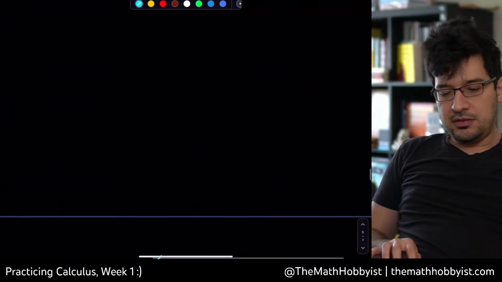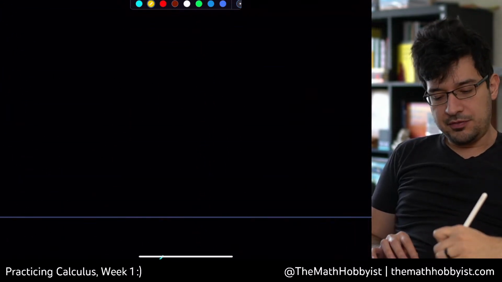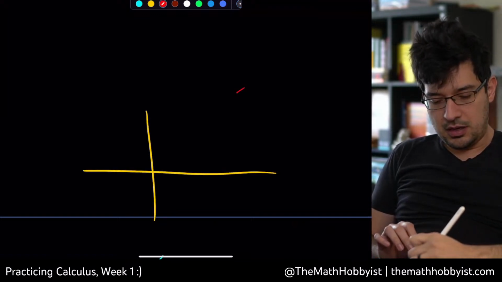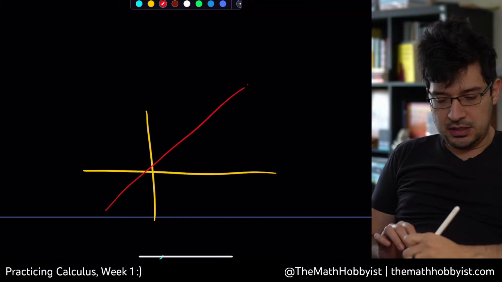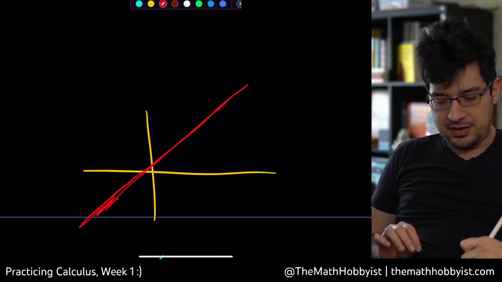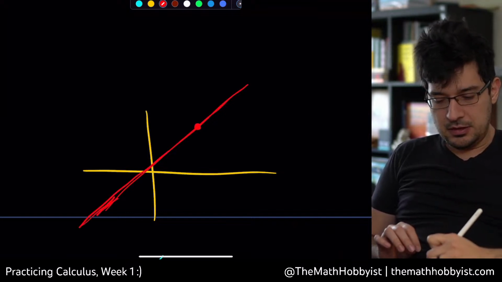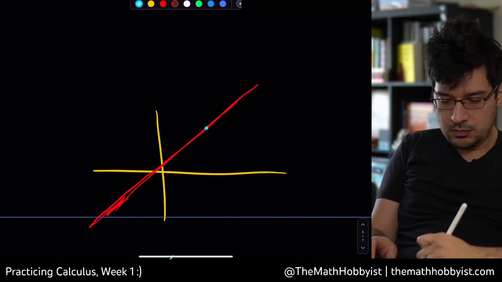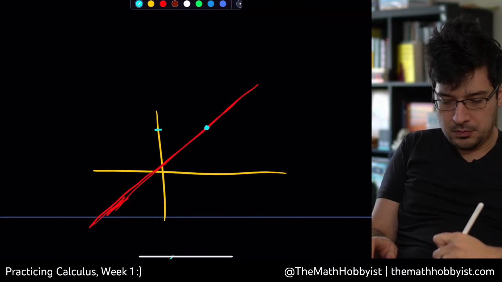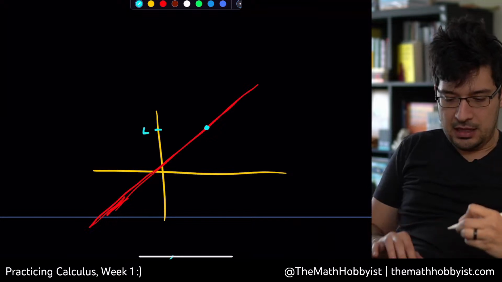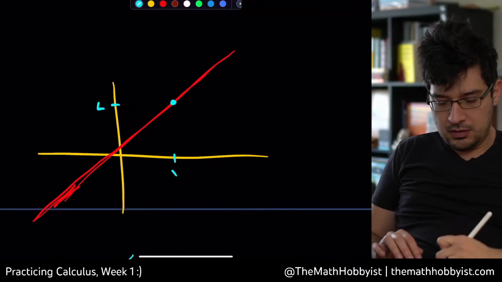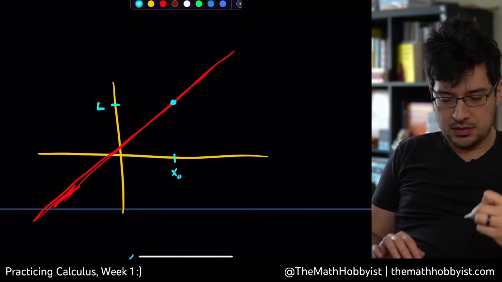Okay, so let's try to give a very brief description of limits. A function has a limit L at a point, say x naught.